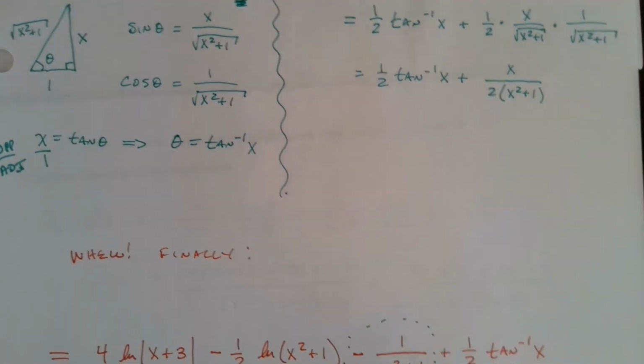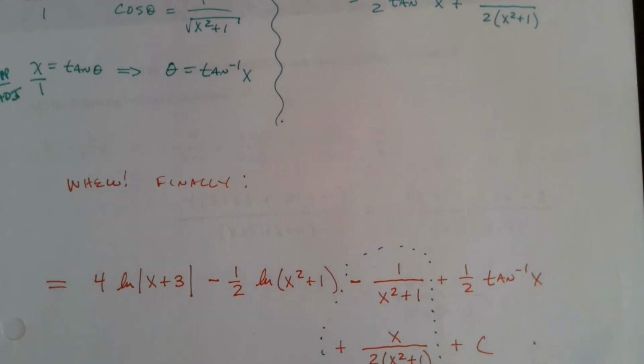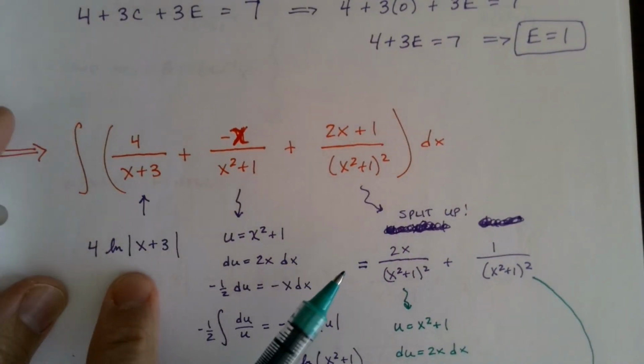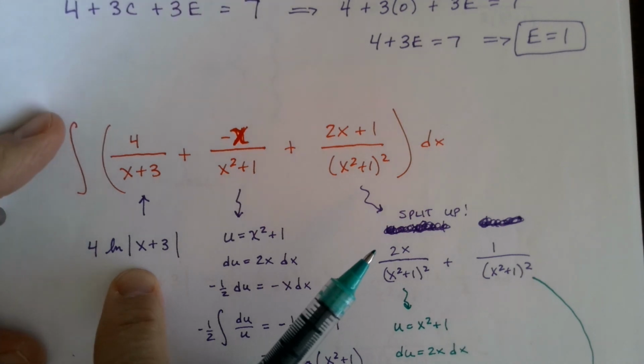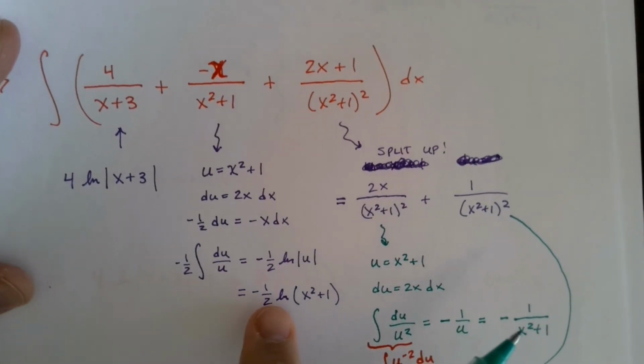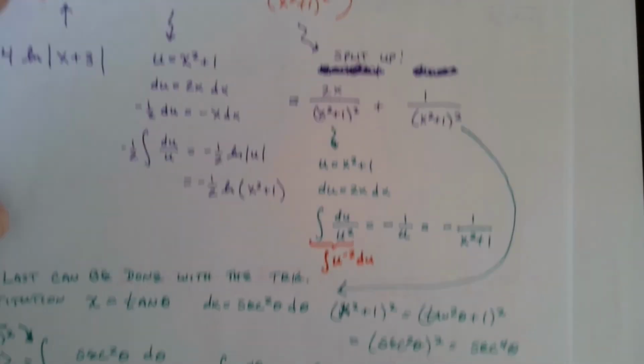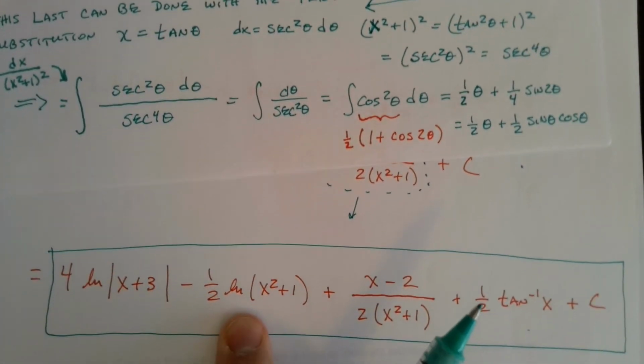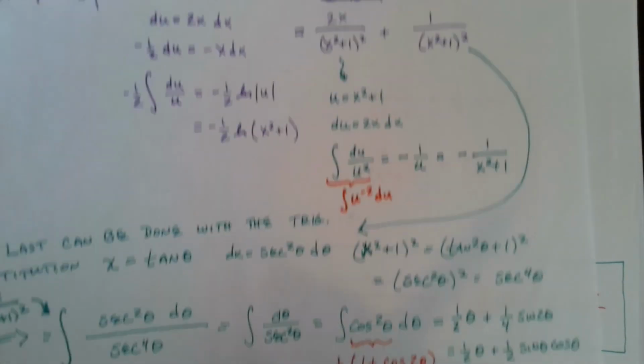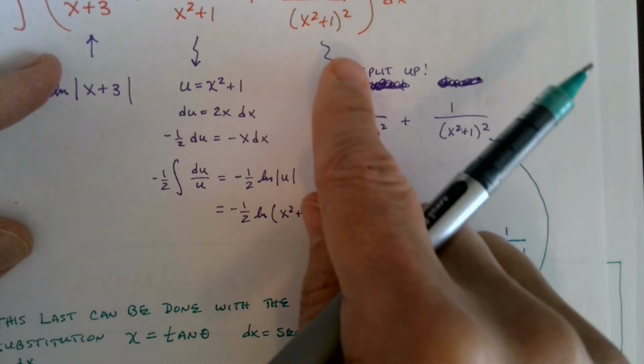Okay, so going back to what we had before up here, this was 4 times the natural log of the absolute value of x plus 3, plus negative 1/2 natural log of x squared plus 1. It's right there. Right? And then this one we split up into 2.